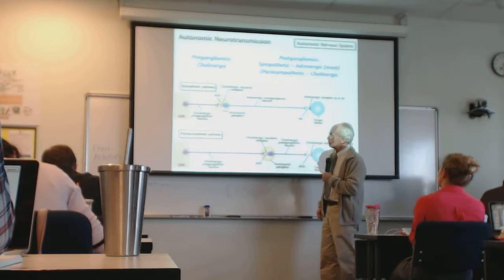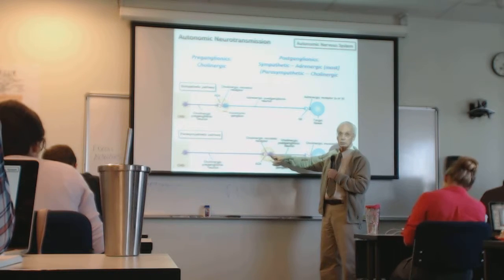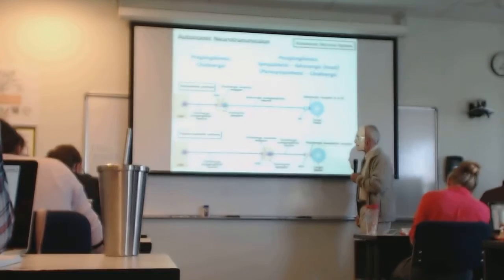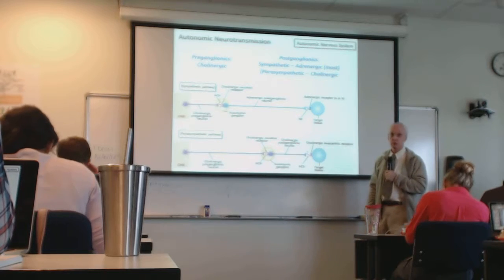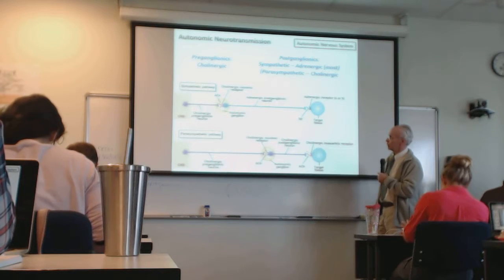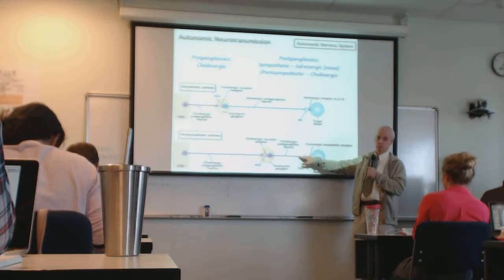In both pathways, the acetylcholine binds to nicotinic receptors at the ganglion. So far, so good. Very simple. Both pathways use the same mechanism for neurotransmission. In fact, the parasympathetic pathway is kind of boring because the postganglionic is also cholinergic.